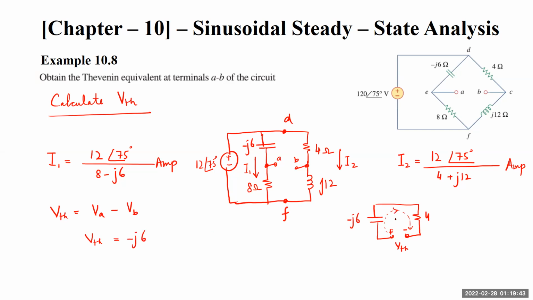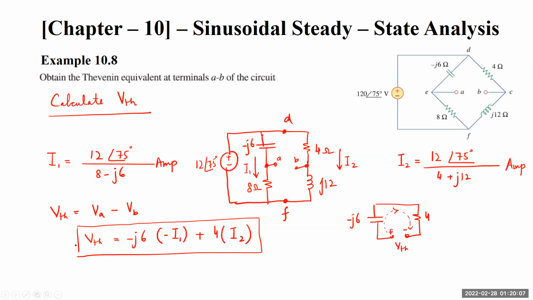So the current, if flowing in this direction, will be minus of I1, that current goes through, plus 4 and the current I2. So this will be the overall equation for how we are going to calculate the value of VThevenin for this branch.